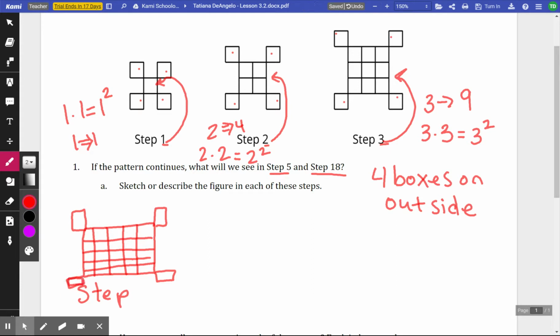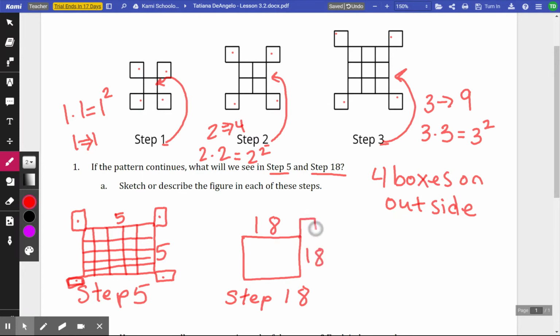But you should have been able to tell that it was going to be a 5 by 5 in the middle, and then plus the 1, 2, 3, 4 on the outside. And same goes for 18. Step 18, this is going to be even worse. I'm just actually going to write it. So it should be an 18 by 18 on the inside, and then with the 4 on the outside.